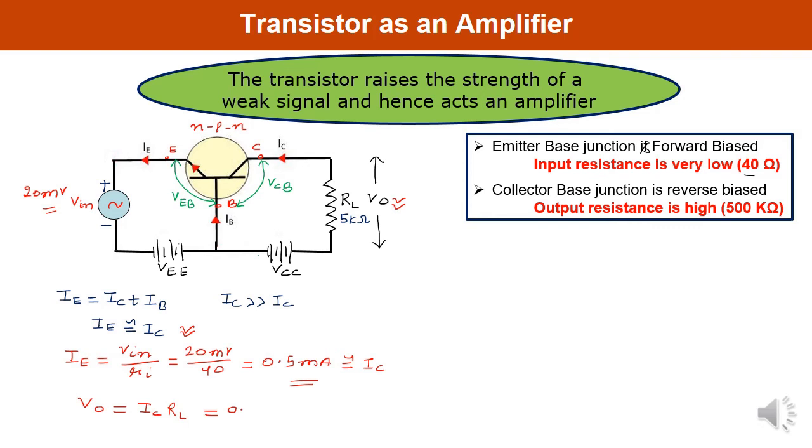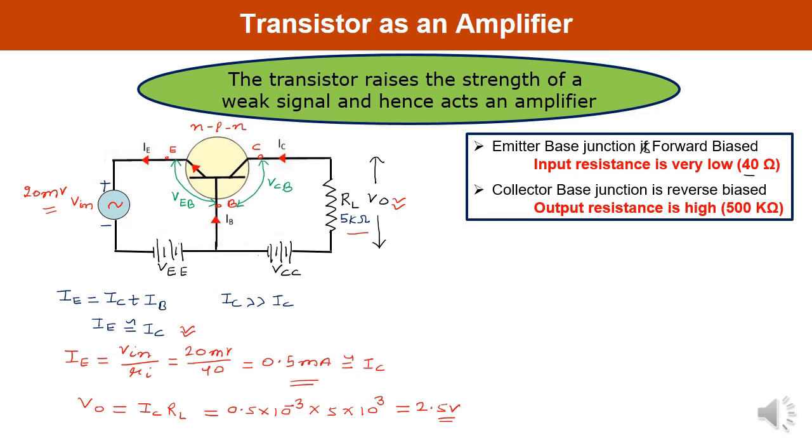This is 0.5 milliampere, that is 0.5 into 10 raised to the power minus 3. The value of load resistance we have taken as 5 kilo ohm, so this is 5 into 10 raised to the power 3. So what value of VO are you getting? This is nothing but 2.5 volt. So this is how you have calculated the output voltage.